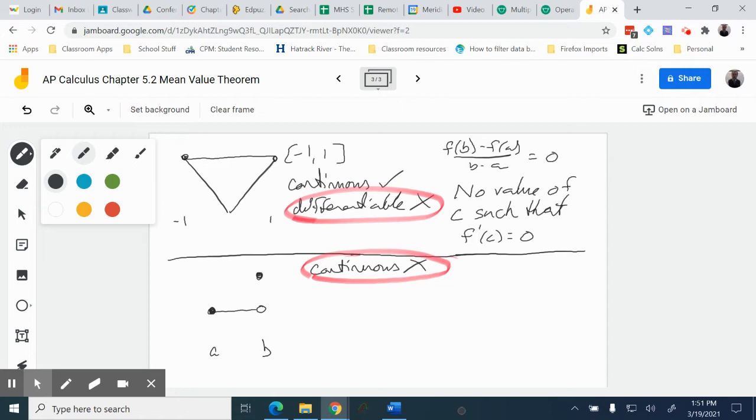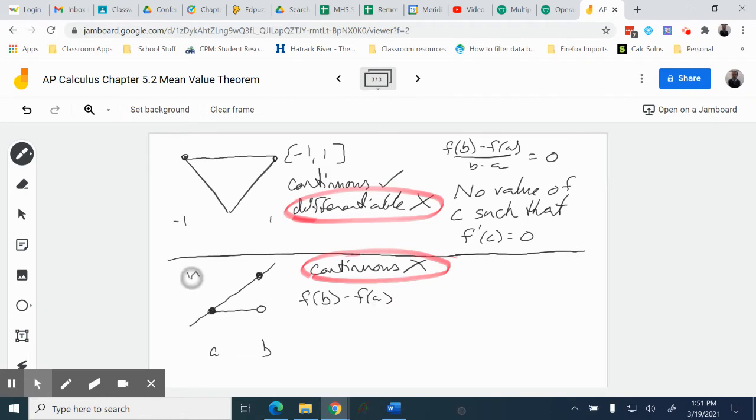If I take the secant line from a to b, clearly f of b minus f of a. By the way, this is the floor function, or int of x. And we're going from 1 to 2 here. And so we know that this is going to have a slope, b minus a, and the slope is equal to 1 in this case.